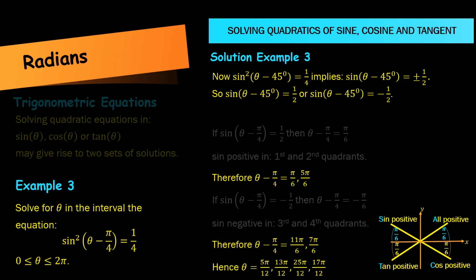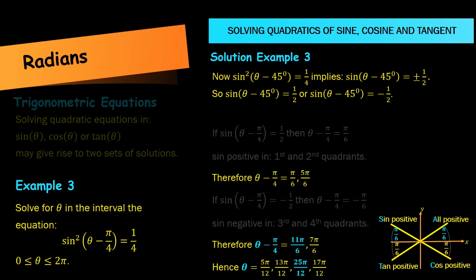And so if we solve for theta, we obtain that theta equals 5 pi by 12. Here, of course, we've solved the equation theta minus pi by 4 equals pi by 6. Or we obtain theta equals 13 pi by 12 from the equation theta minus pi by 4 equals 5 pi by 6.